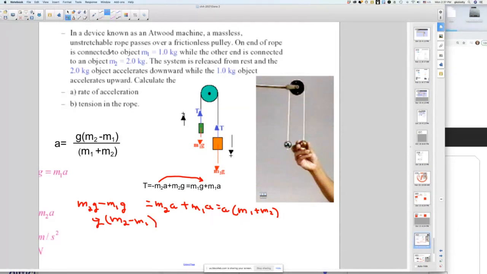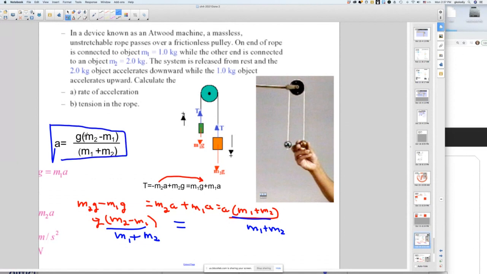And then divide both sides by M1 plus M2. And same thing, this side divide by M1 plus M2. And lo and behold, you have this equation here.